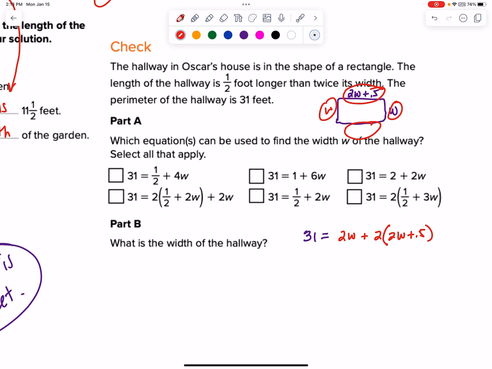So let's go ahead and look at some of our equations up above and find the ones that match this. I don't see any that say this exact thing. So let's go ahead and distribute this out. So we have 4W plus 0.5.